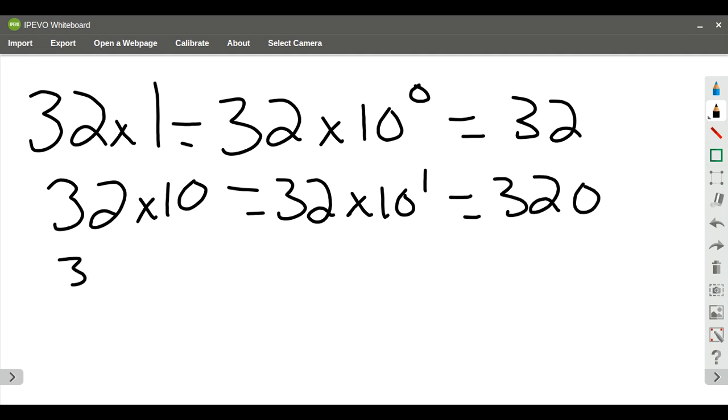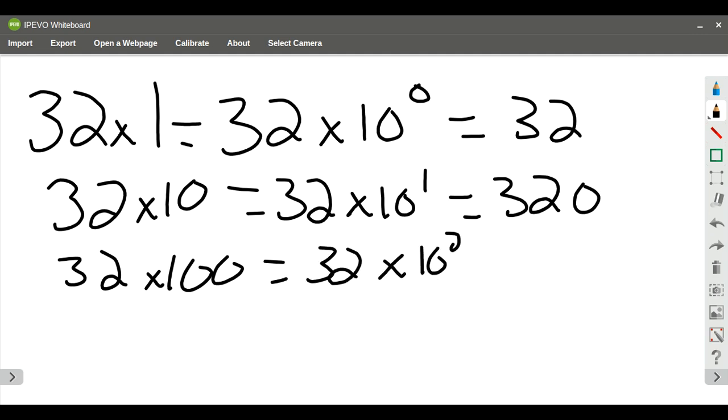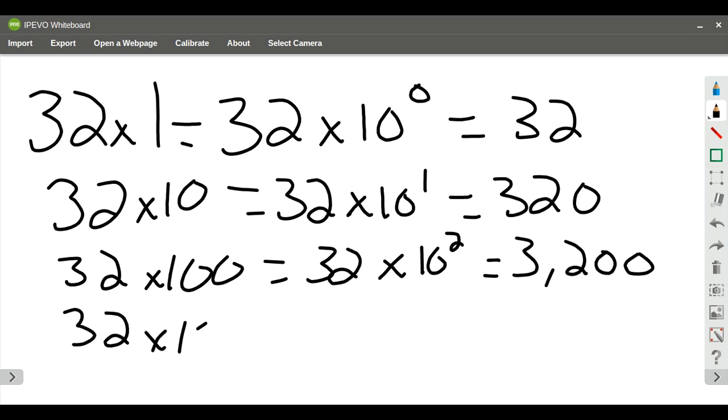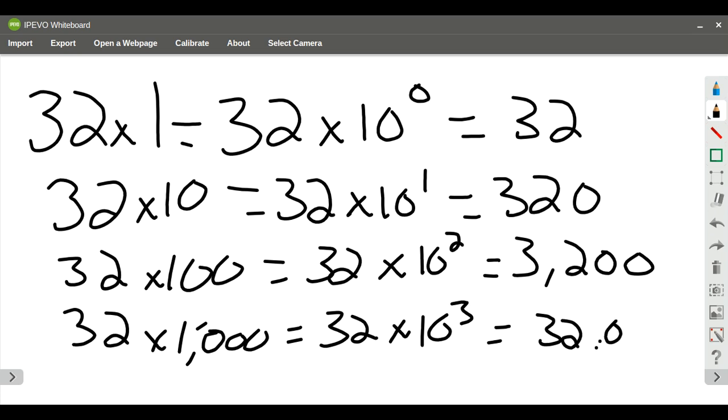If I have 32 times 100, that's going to be 32 times 10 to the second power, or 3,200. 32 times 1,000 equals 32 times 10 to the third power, which equals 32,000.